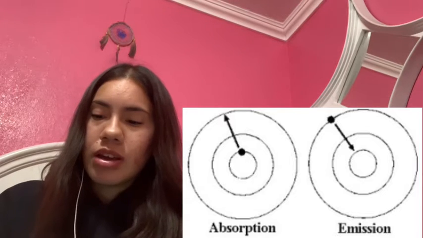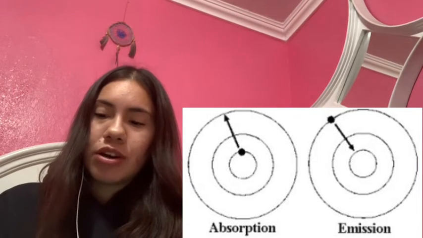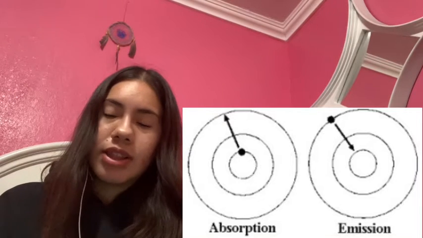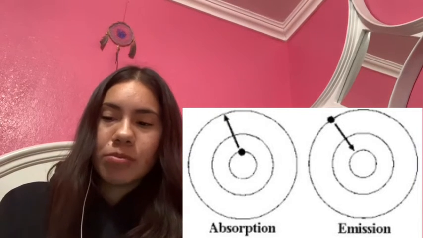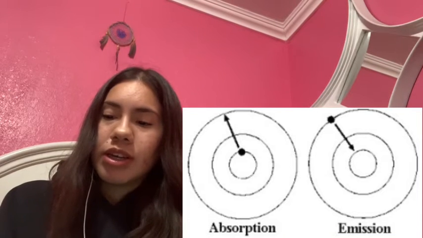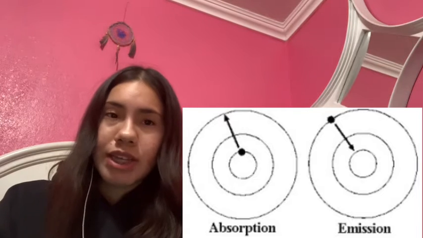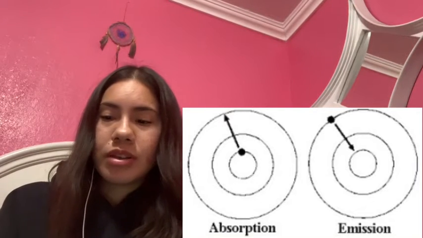And we also see in the second image absorption and emission. We see how when the electron absorbs energy, it moves to the 3rd energy level, but when it released or emitted energy, it moved back down to the 1st orbital. And so that's how they move. You have to gain or release the energy.